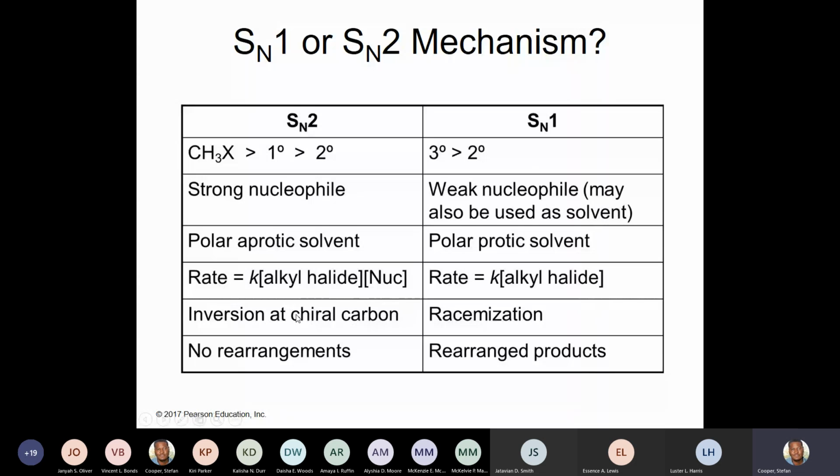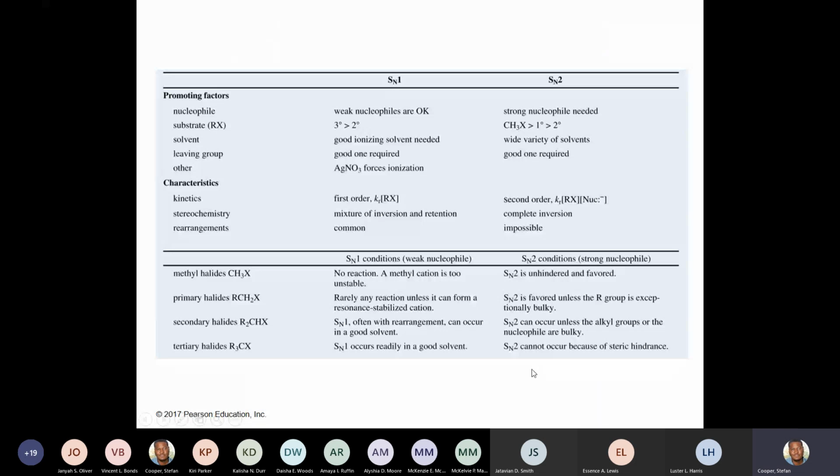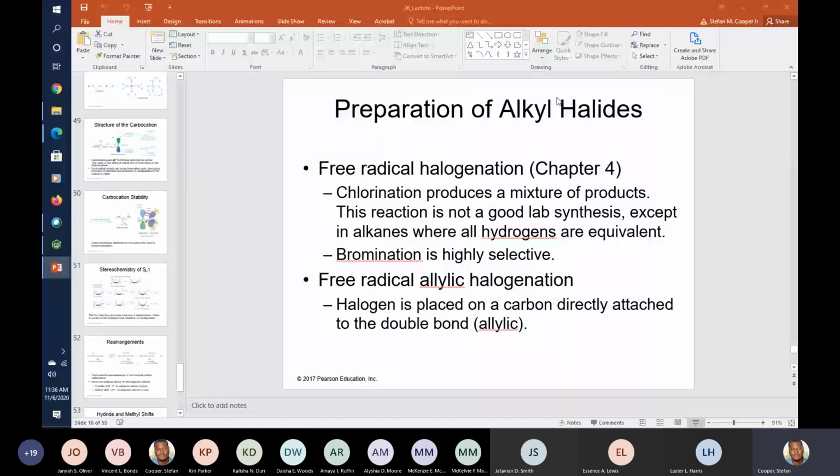For SN2, I always get inverted stereochemistry. For SN1, I get racemic products. SN2 never rearranges, but SN1s could potentially rearrange depending on the scenario. Is everyone getting comfortable, I'm hoping, with these characteristics of SN1 and SN2 reactions?